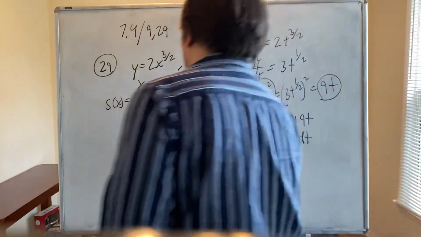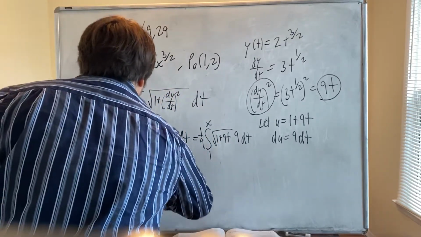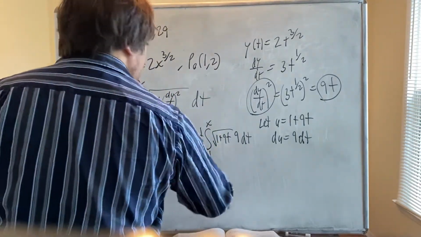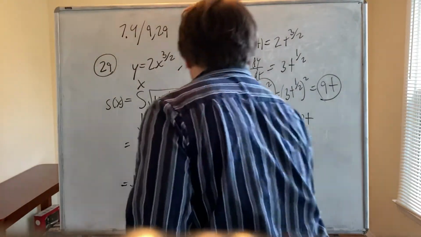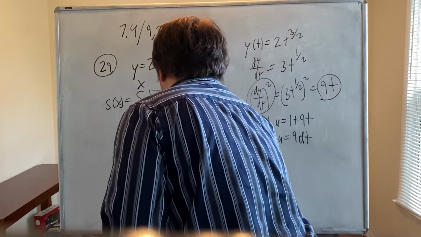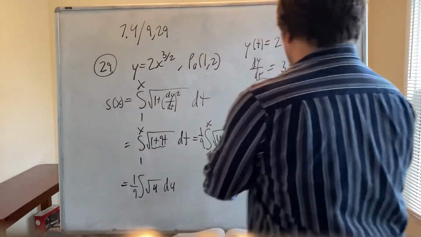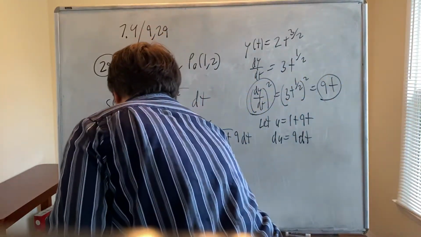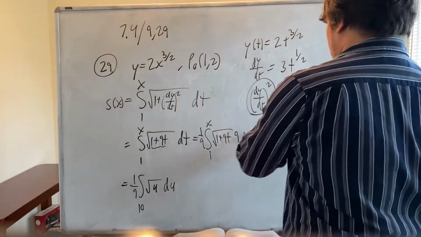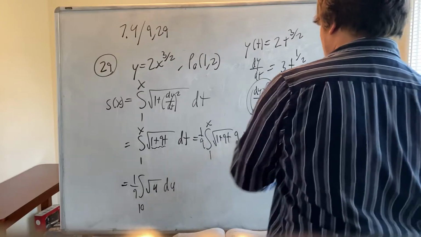They cancel out. This is equal to 1/9 the definite integral of the square root of u, which is 1 plus 9t, and 9 dt is du. But when t is 1, you get u is 10. And when t is x, you get u is 1 plus 9x.